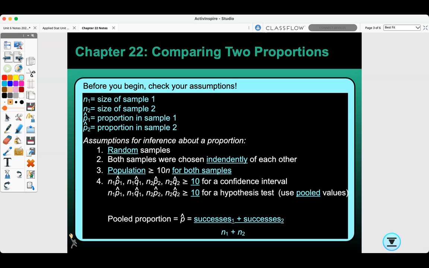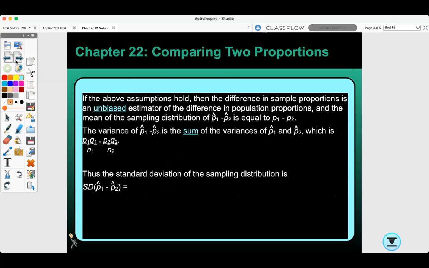And when we talk about a pooled proportion, P hat, it's the total successes for sample 1 plus the total successes for sample 2 over the total of those in sample 1 and sample 2. If the above assumptions hold, then the difference in sample proportions is an unbiased estimator of the difference in population proportions, and the mean of the sampling distribution of P hat 1 minus P hat 2 is equal to P1 minus P2.